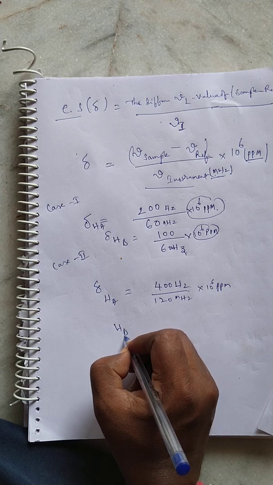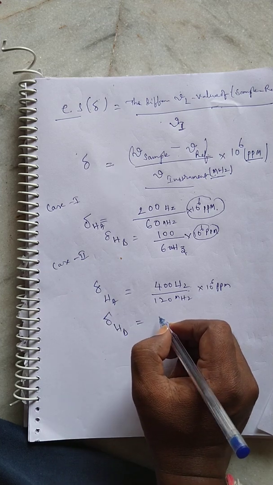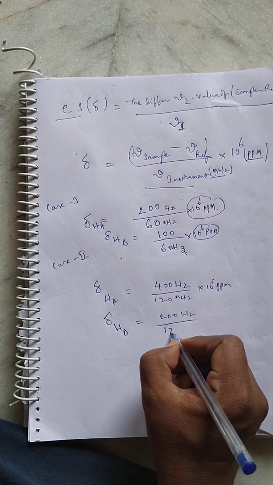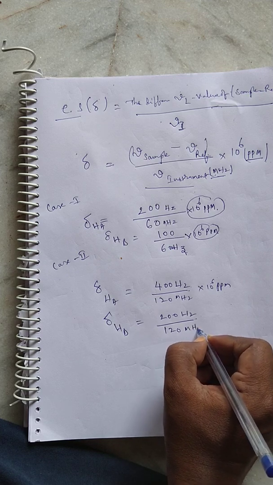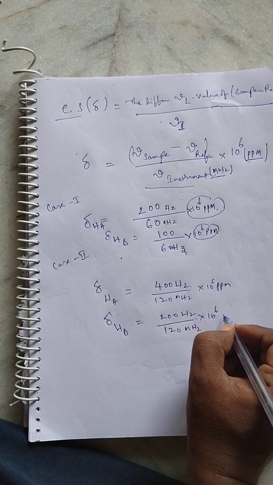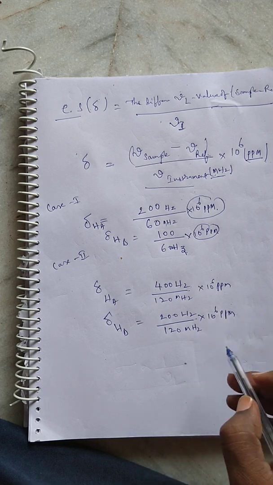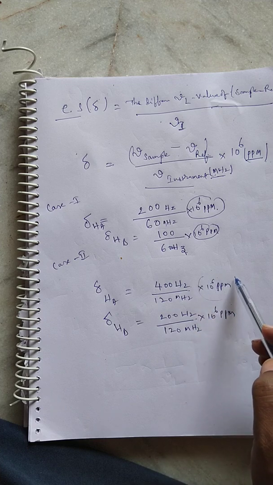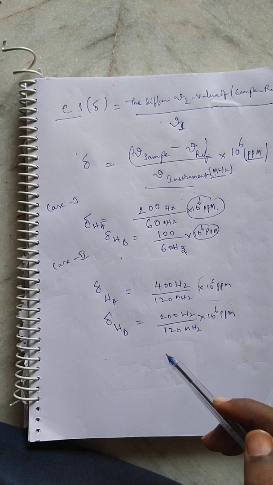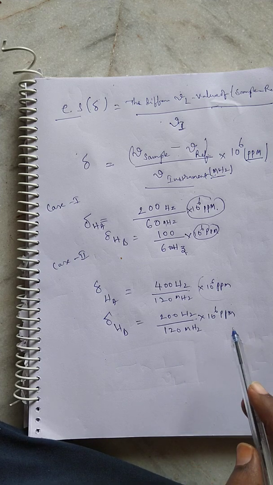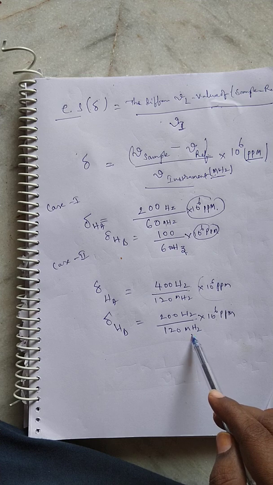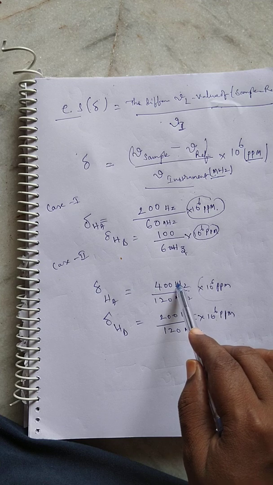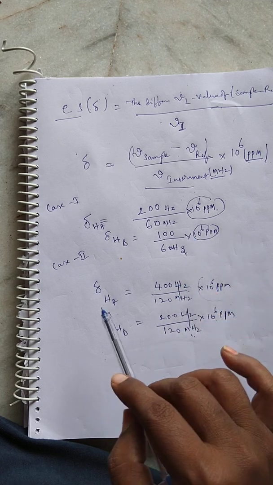And for the HB proton, the difference is 200 hertz, and the source is having 120 megahertz energy. You need not bother about these hertz, megahertz, because we are multiplying this with 10 to the power of 6 ppm, right? So you need not bother about these values. To do away with this one, we are using this one, right?